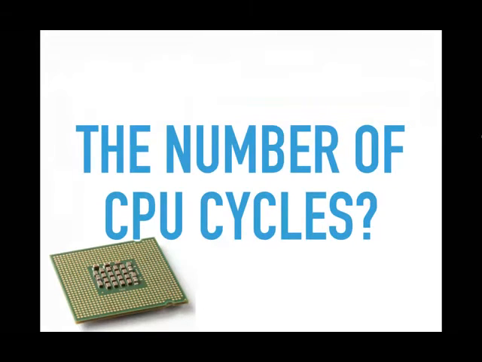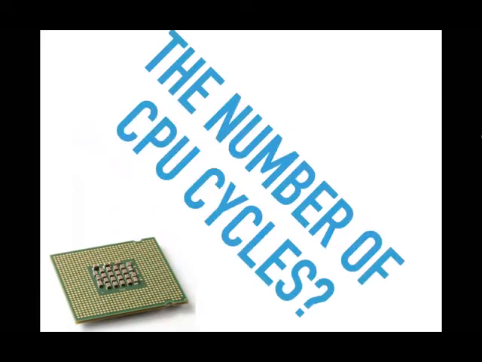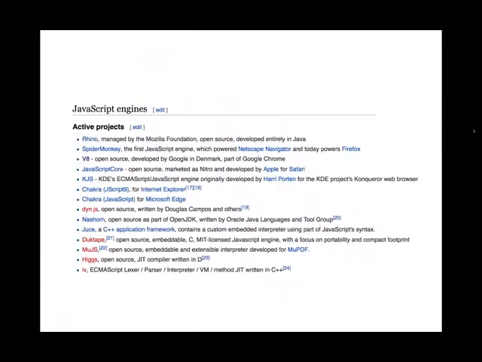So if we count CPU cycles, then the hardware doesn't really matter. It's just that this algorithm takes this many computer cycles for this size. So that's not an unreasonable place to go. We can ask that question. The problem is that if you're looking at a language like JavaScript, there are many, many different implementations of JavaScript.